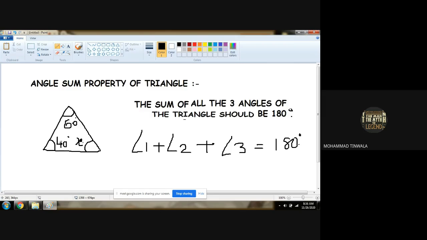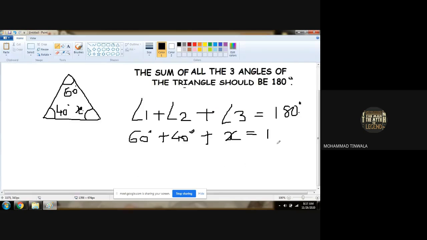Find angle 3 here. So angle 1 we know is 60 degree. So 60 degree plus 40 degree plus angle 3 as X is equal to 180 degree.